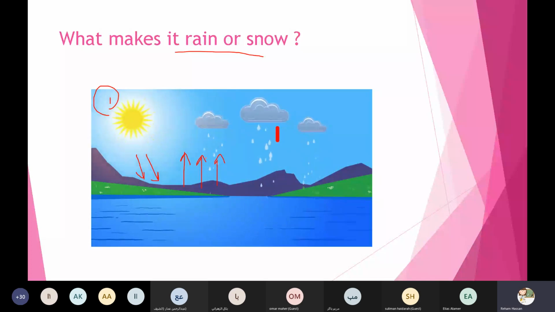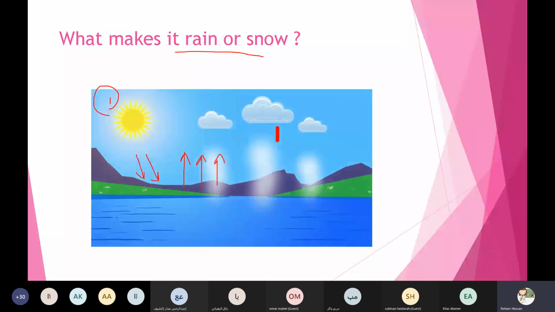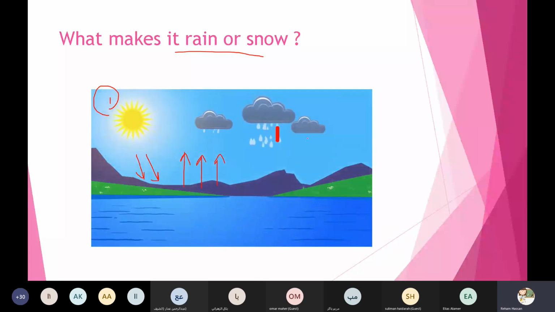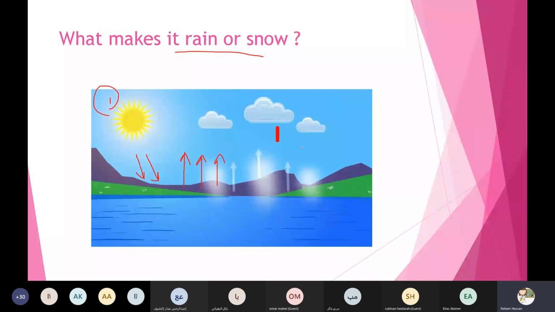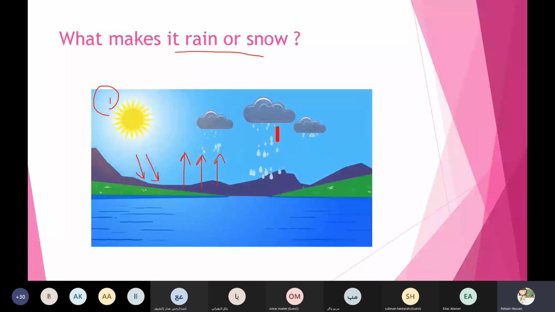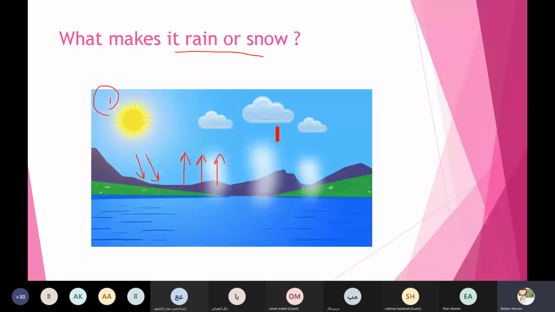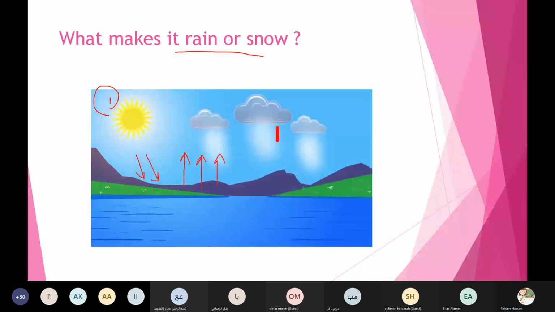Repeat after me. Some of this water turns into water vapor, like the white one. Can you see it? Now look, this is the water vapor. It goes in the air. So some of this water turns into water vapor. Can you say this word? Water vapor. Thanks a lot.